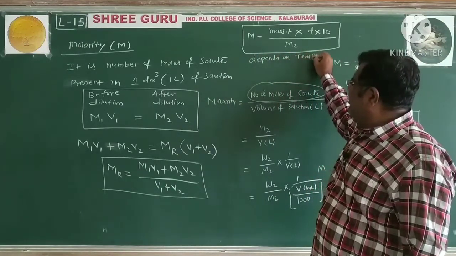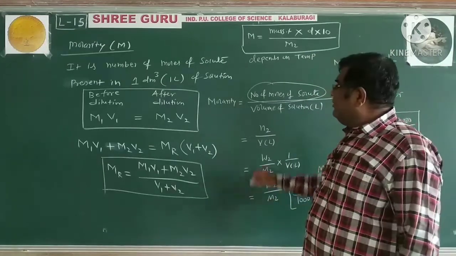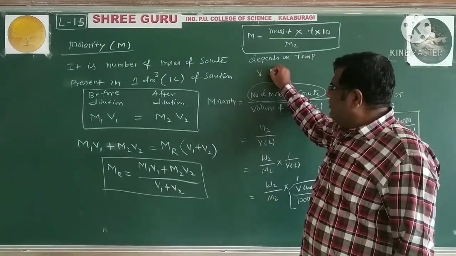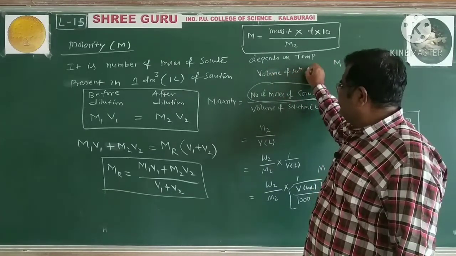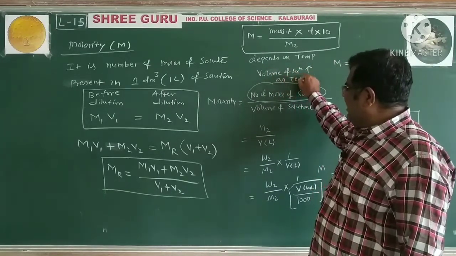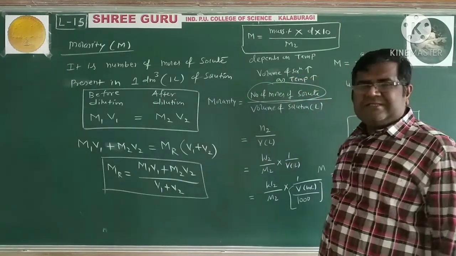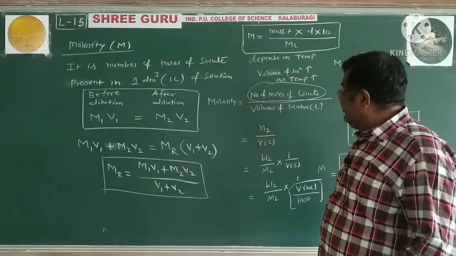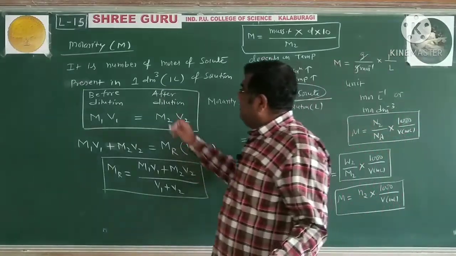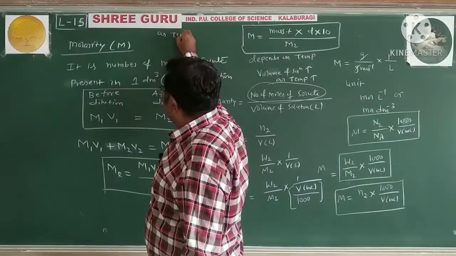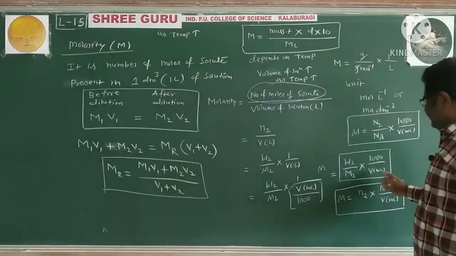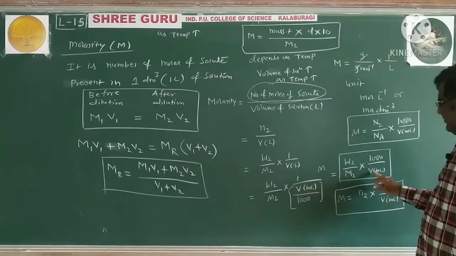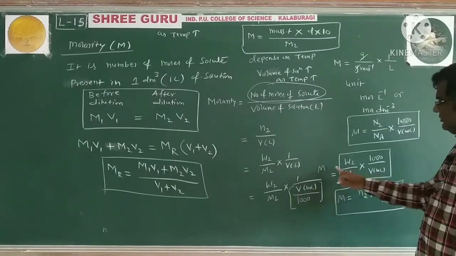It depends on temperature. Why? Because volume increases. Volume of solution increases as temperature increases. They are directly proportional. So as temperature increases, volume increases, and volume and molarity are inversely proportional.